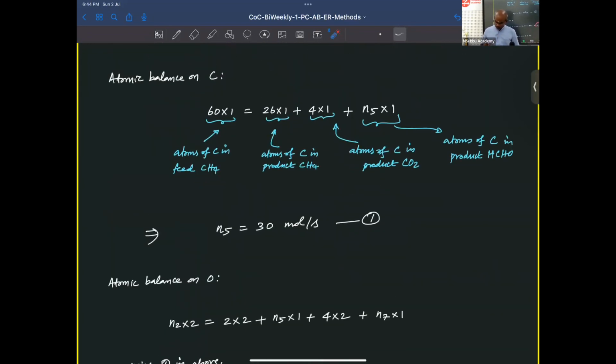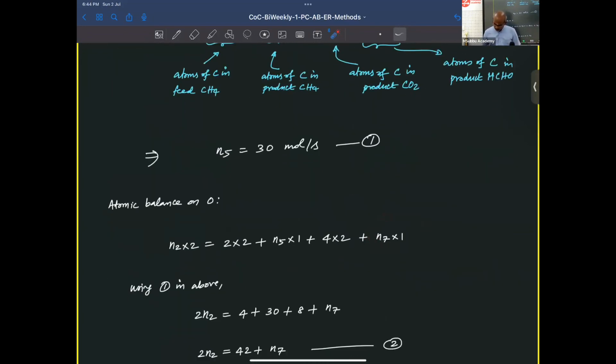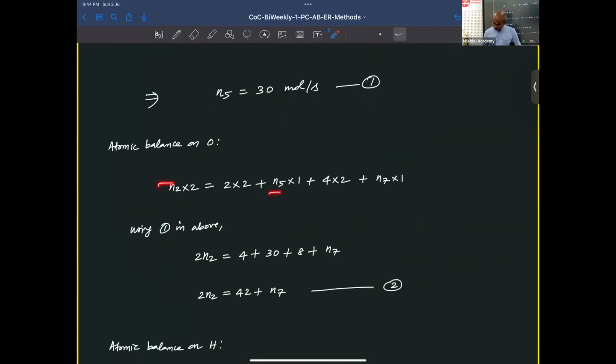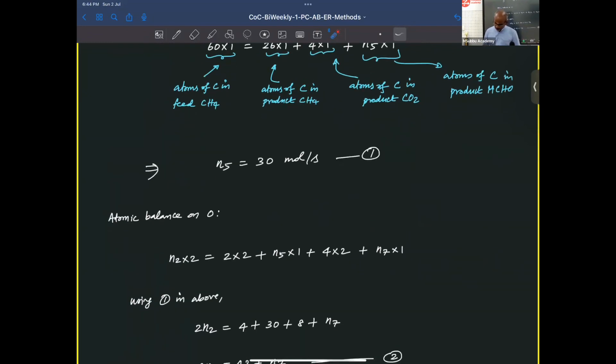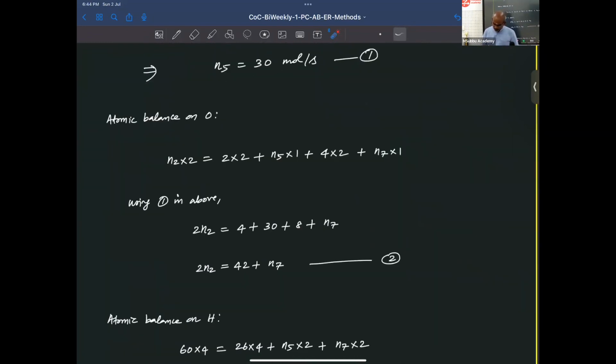So now, of course, we have many unknowns here: N2, N5, N7. And already we have this value of N5 calculated from the balance on C. Using that data, N5 is available.